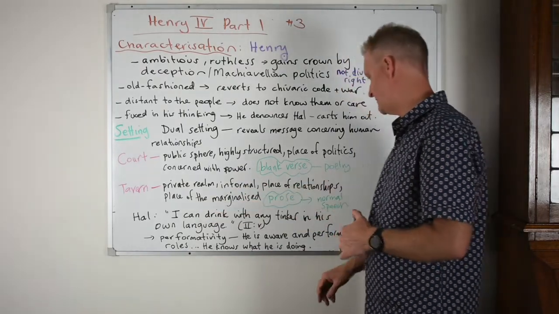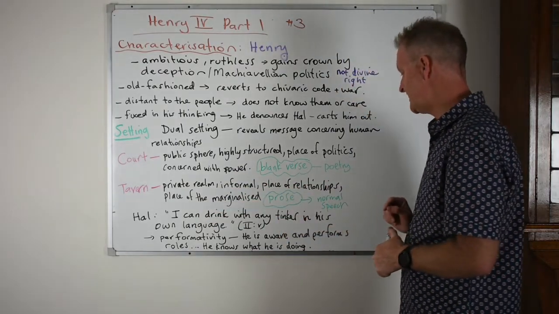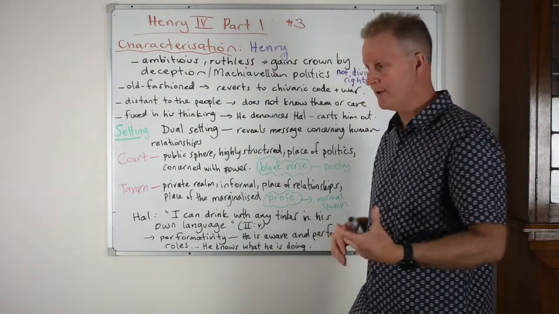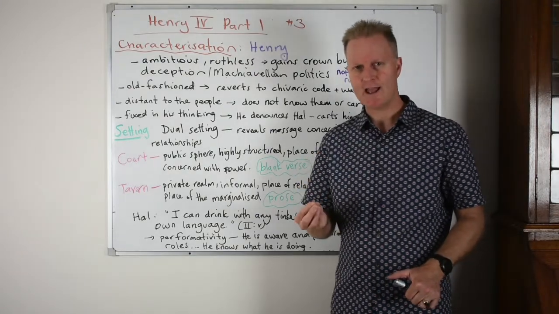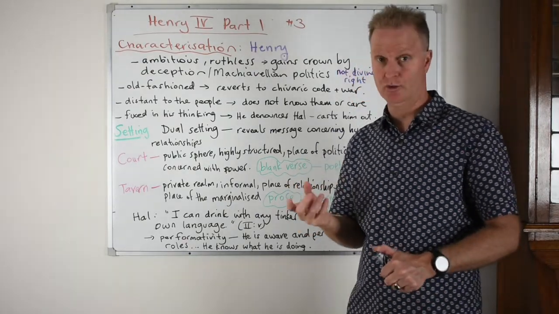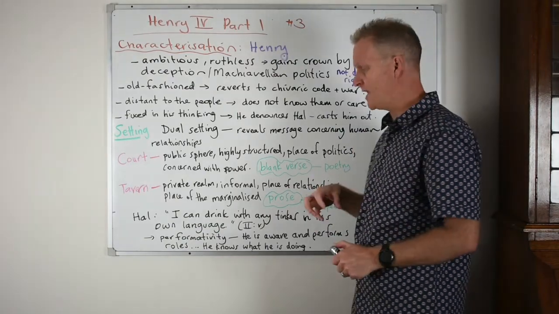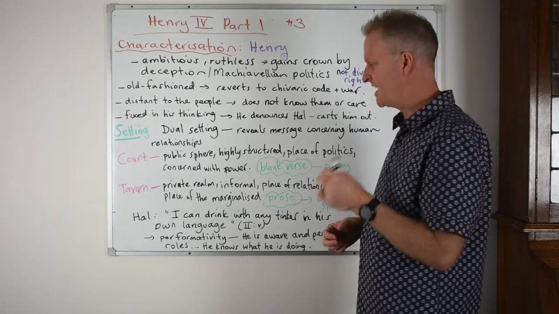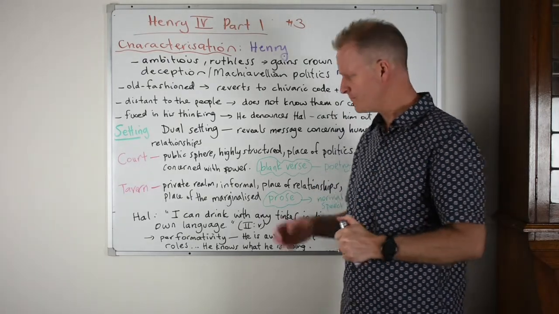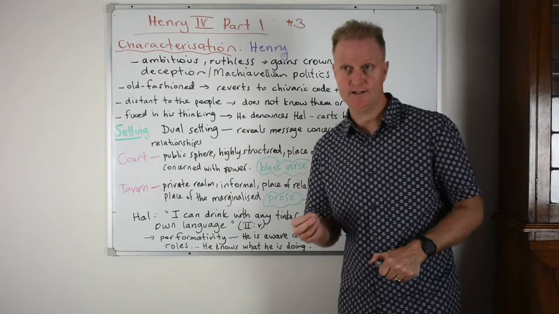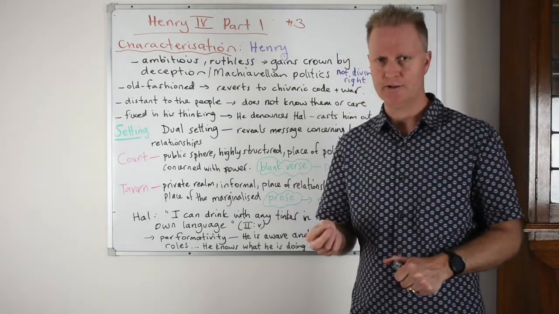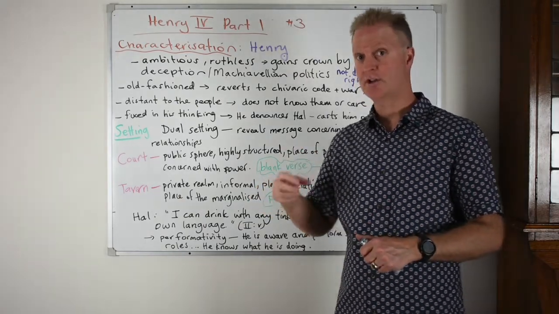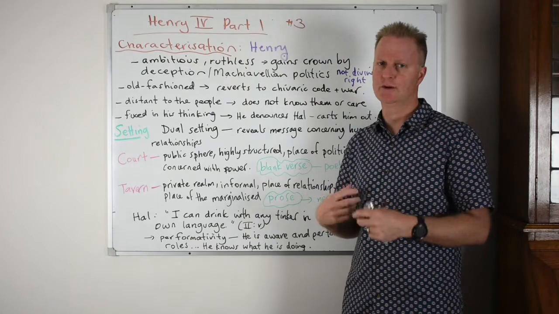Hal says in Act 2, Scene 5, "I can drink with any tinker in his own language." And so here there's a nice metaphor that really shows that Hal understands what it means to be a true leader, and that he is able to move between, and what he's doing is deliberate. It's not chance that he is in the tavern. He doesn't agree with his father's politics, and so as a means of setting himself up to be a legitimate successor, he has to endear himself with the public.